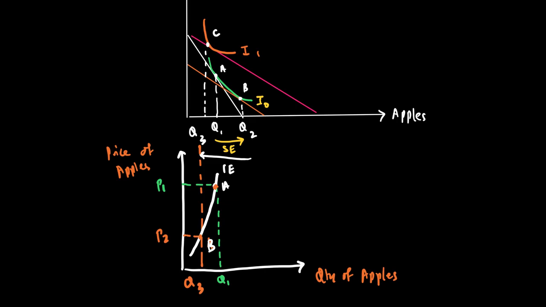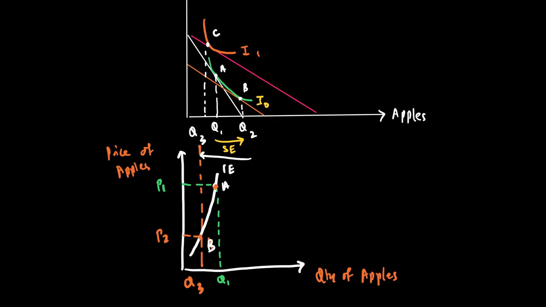So if I give you a quick summary, for normal goods, the demand curve is downward sloping. For inferior goods, the demand curve is downward sloping. But for Giffen goods, the demand curve is upward sloping. So Giffen goods are the only goods where the demand curve will be upward sloping. The second thing is this: for normal goods, the substitution effect and income effect reinforce each other. But for inferior goods, the substitution effect and income effect move in different directions.